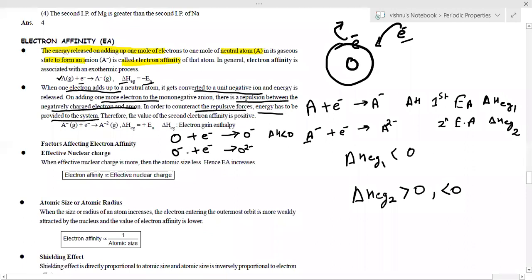But if we add an electron to O minus, because of this repulsion, there will be difficulty in addition of the electron. In order to overcome this repulsion, the energy should be supplied. So in this case, delta H will become greater than 0. So I can say that the first electron affinity or first electron gain enthalpy is negative, but the second electron gain enthalpy is positive. Now understood this?